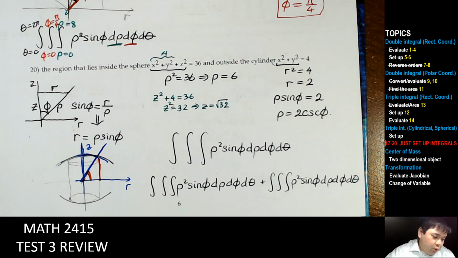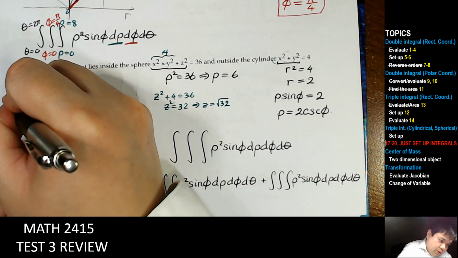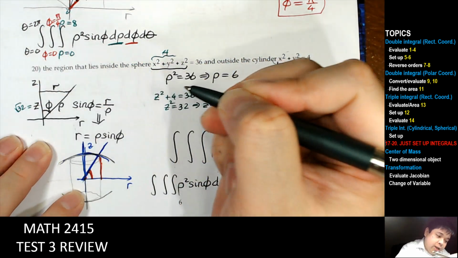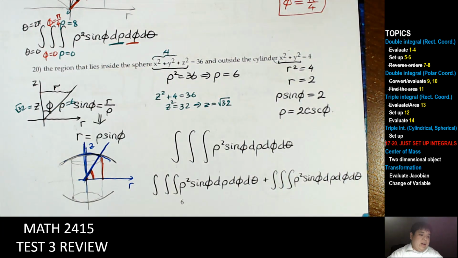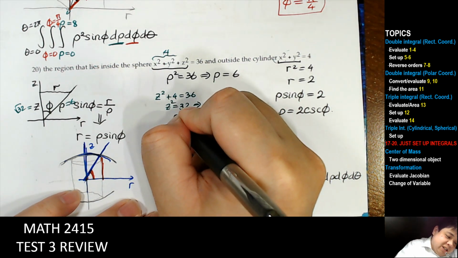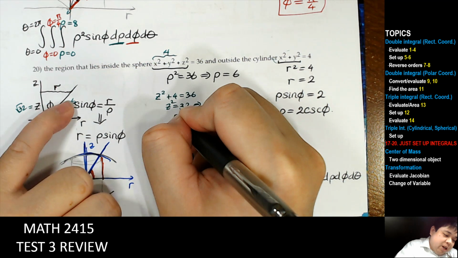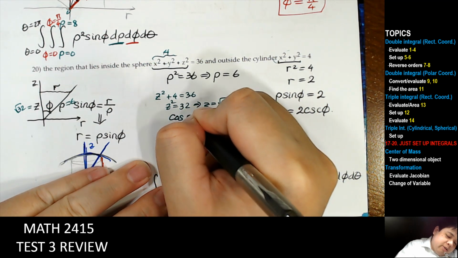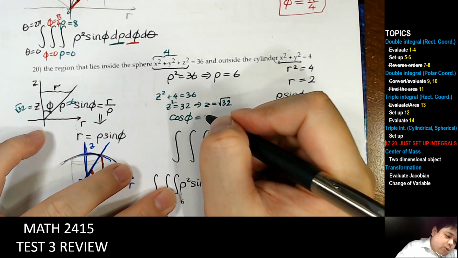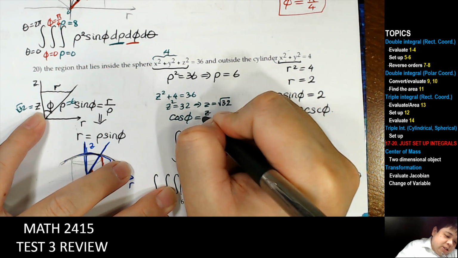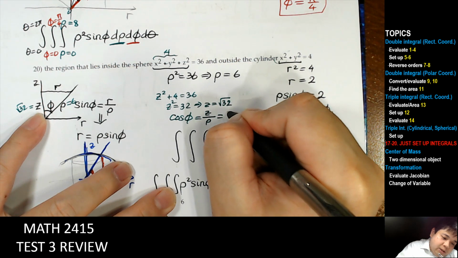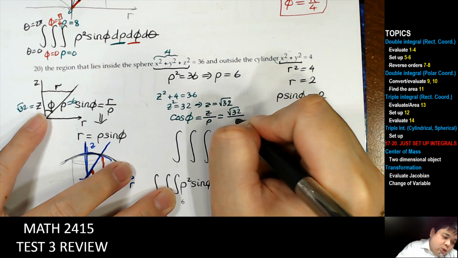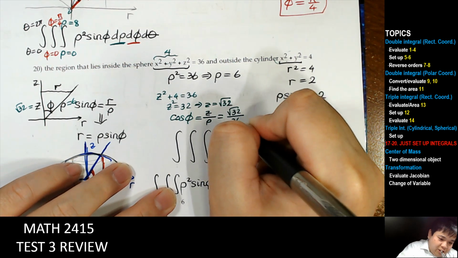If z is equal to square root of 32 and rho is equal to 6, we can find the angle phi there. Cosine of phi is equal to adjacent over hypotenuse, square root of 32 over 36.